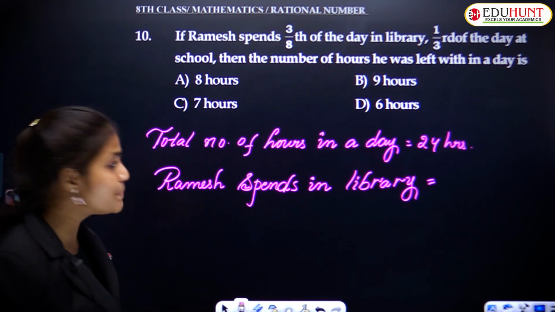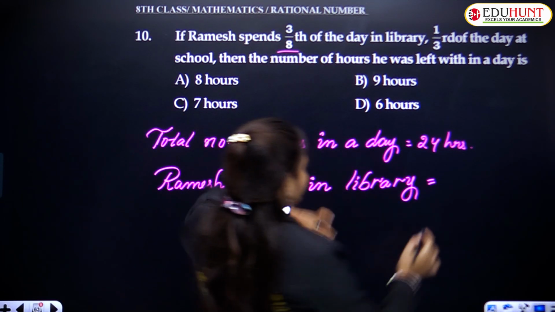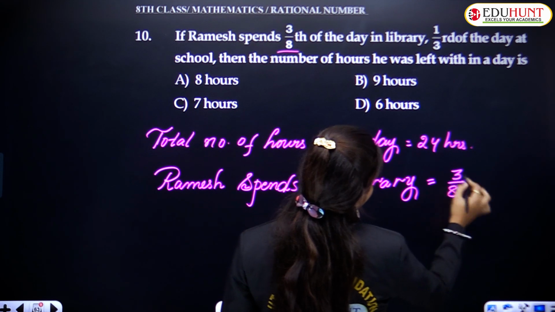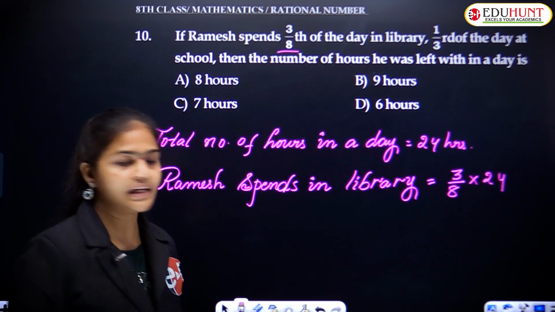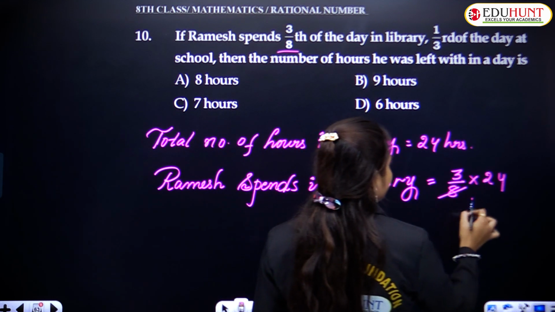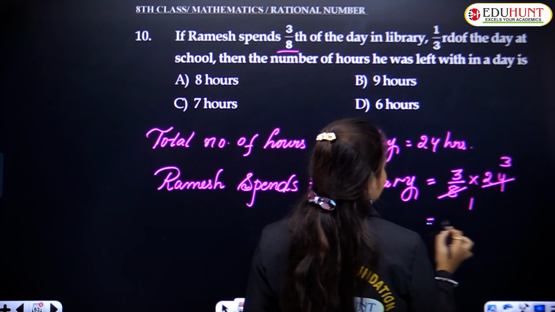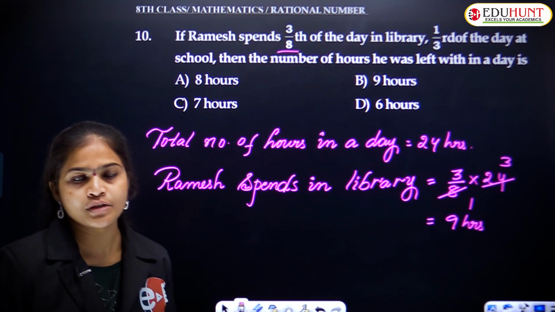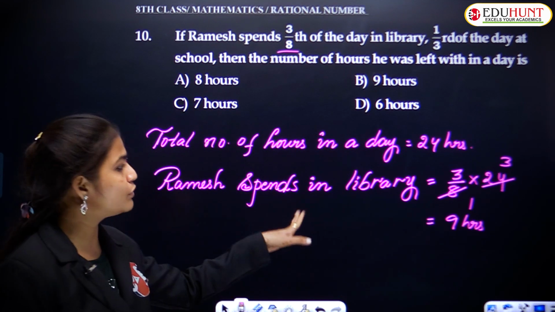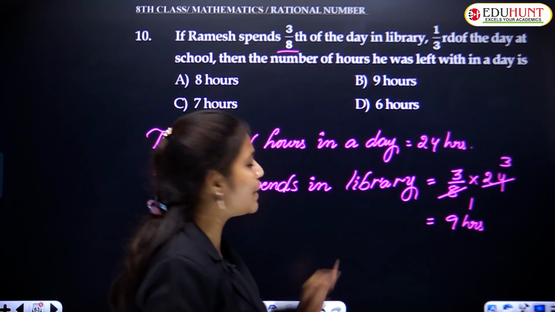How much time did he spend in the library? How much part is given? 3/8 part. So 3/8 of 24 hours. Clear? Here 8 ones are 8, 8 threes are 24, so 3 threes are 9. So 9 hours he spent in the library out of 24 hours in a day.